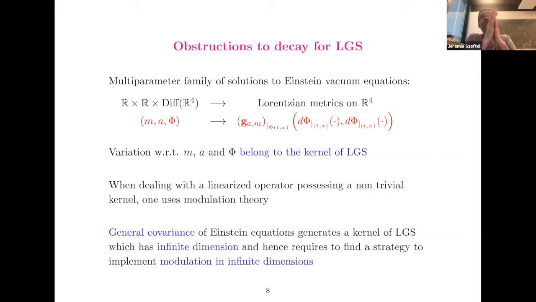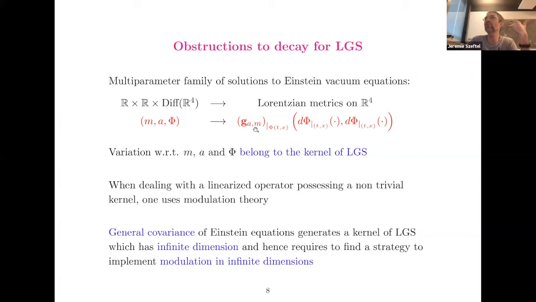These obstructions come from the fact that you don't have one solution, but a multi-parameter family of solutions. Indeed, starting from the parameters M, a, and a diffeomorphism phi of R4, I can cook up a family of solutions of the following form. I have g_{M,a}, which I already know is a solution because it's the Kerr metric.